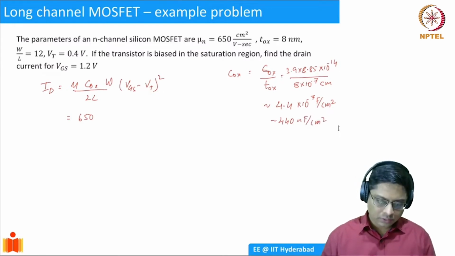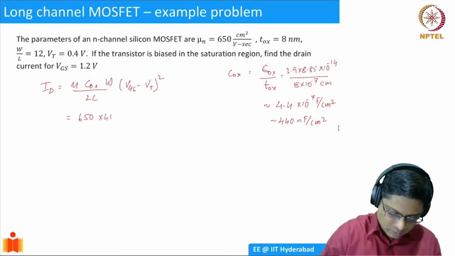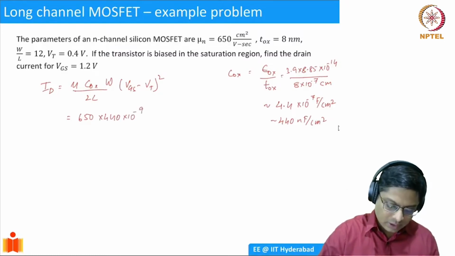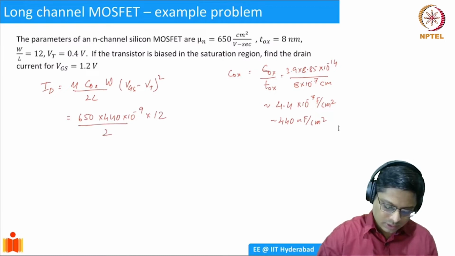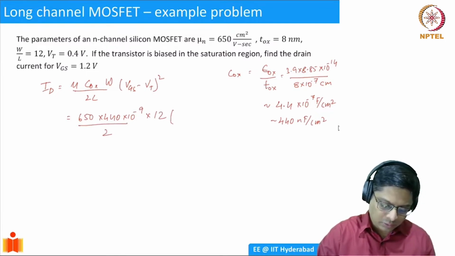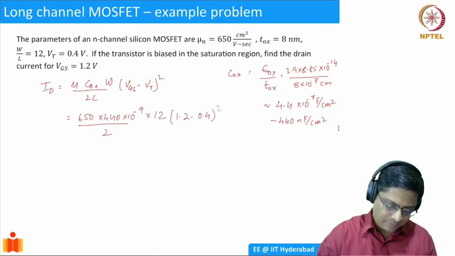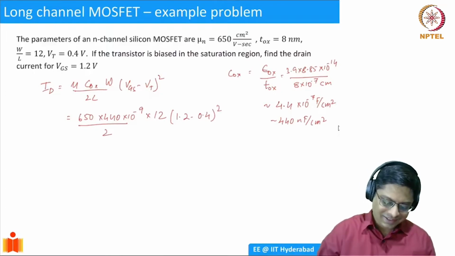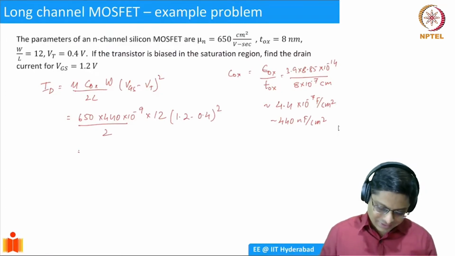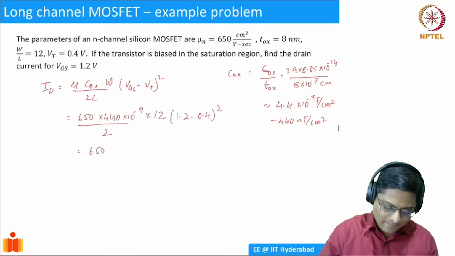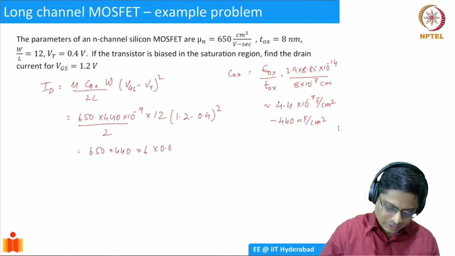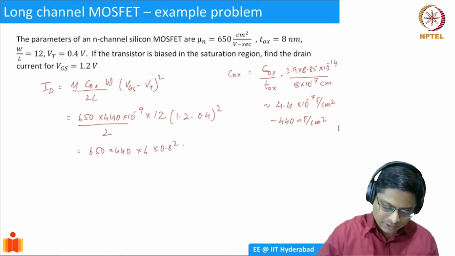So what will this be now? This will be 440 times 10 power minus 9. W by L is 12, divided by 2, into VGS, my VGS is 1.2 minus 0.4, whole square. Well, this is the limit of what I can calculate approximately. So 650 into 440 into 6 into 0.8 whole square, and there's a big 10 power minus 9 here.